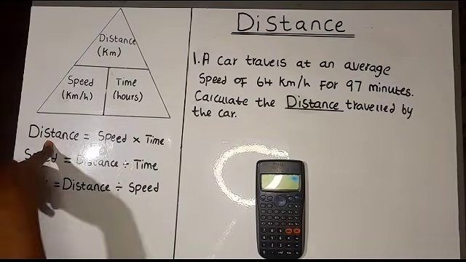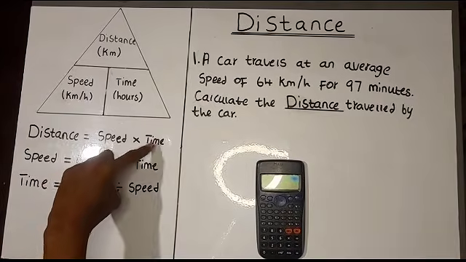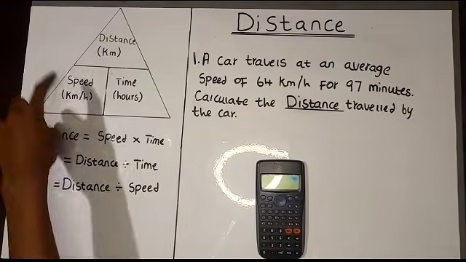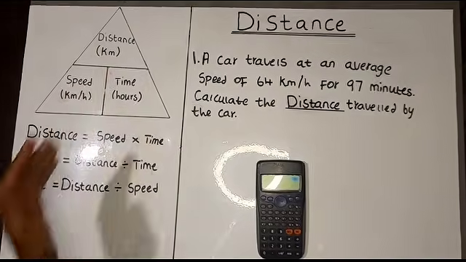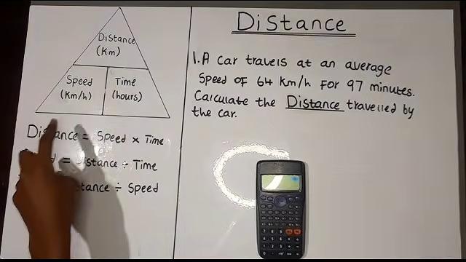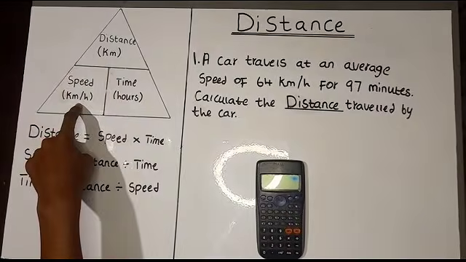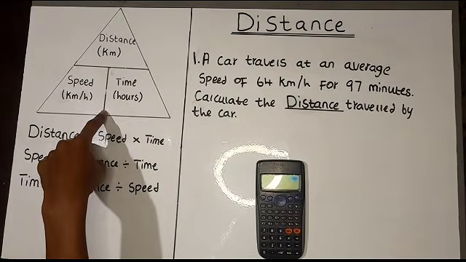The formula for distance says that distance equals speed multiplied by time. So this line represents multiplication. So when you calculate distance, you're going to say distance equals speed multiplied by time, because this line represents multiplication.